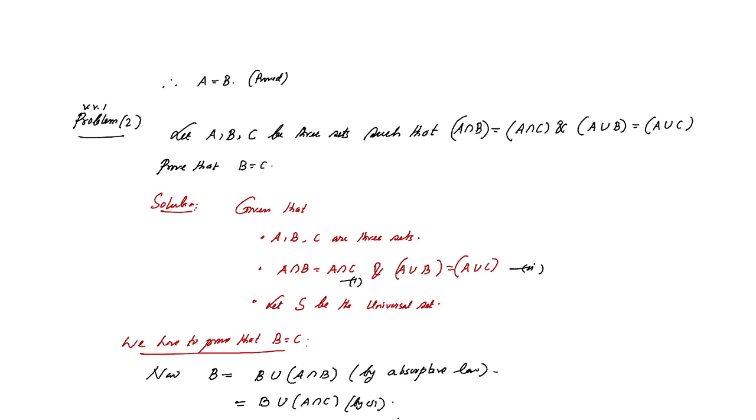Now if we apply the distributive law, it will be (B union A) intersection (B union C). Here I am applying the distributive law, and it is by the distributive law.